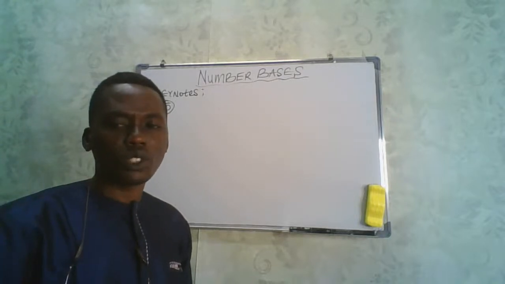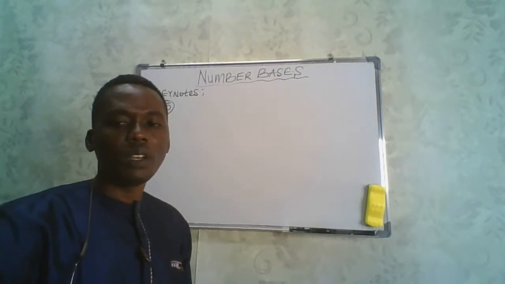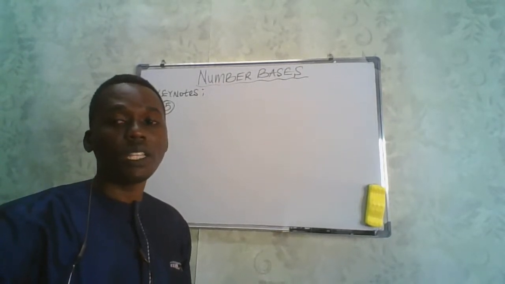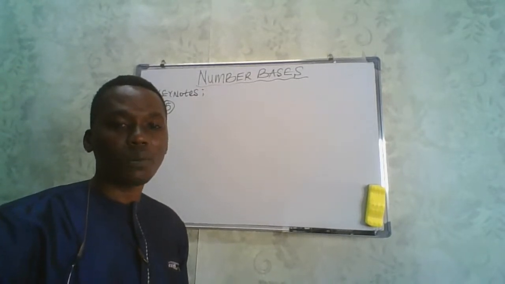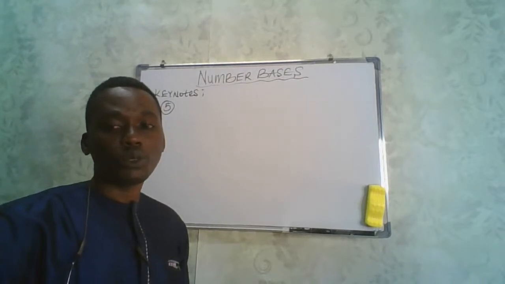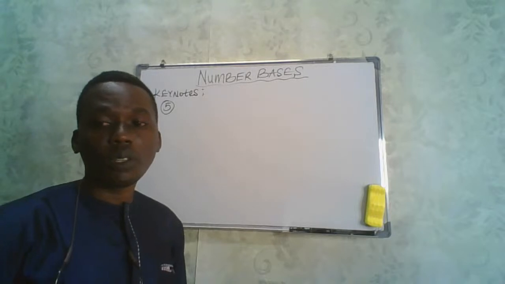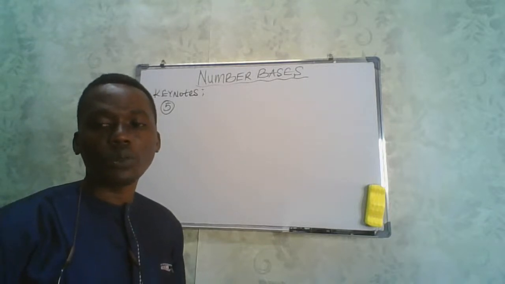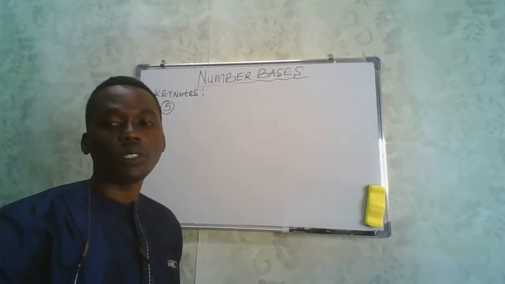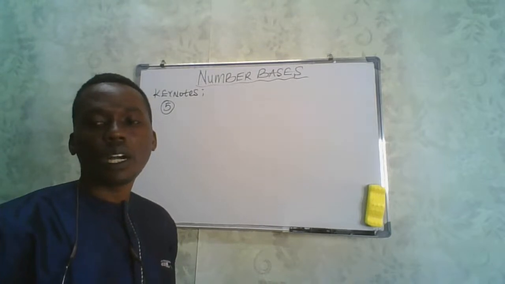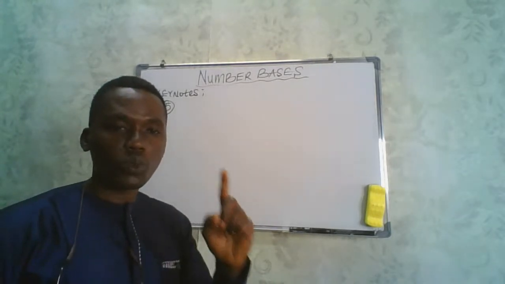Now let's consider some samples which are necessary for us to understand all the things we have discussed. We are going to take 5 different samples that you're going to find very interesting. All these samples are JAMB past questions. So the first one we are going to look at is sample 1, and sample 1 will demonstrate Keynote 1.